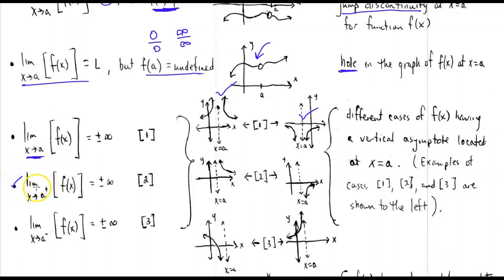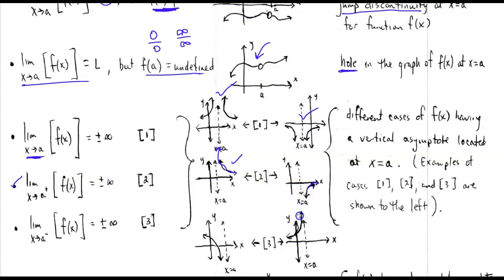If we talk about only the limit of the function as x approaches a from the right, if we have to answer with positive infinity, then the graph looks like this. As you can see, the graph is going upward as x gets closer to a. And if we answer with negative infinity, then the graph is going downward as x gets closer to a.